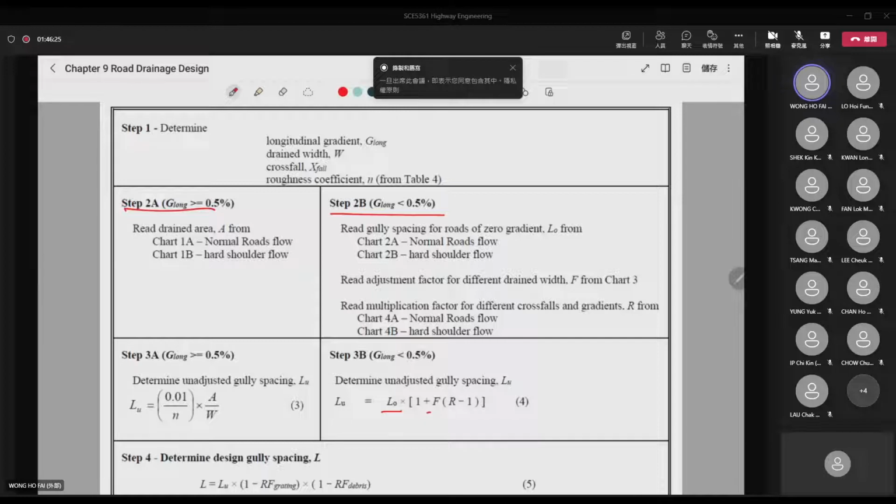For L naught, F, and R, you look up the values from the charts. For L naught, you look it up from chart 2A and 2B, depending on normal road or hard shoulder flow.